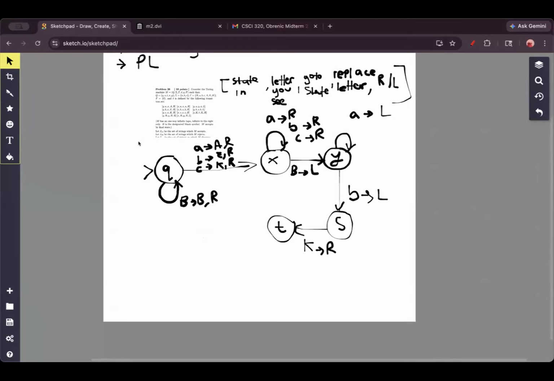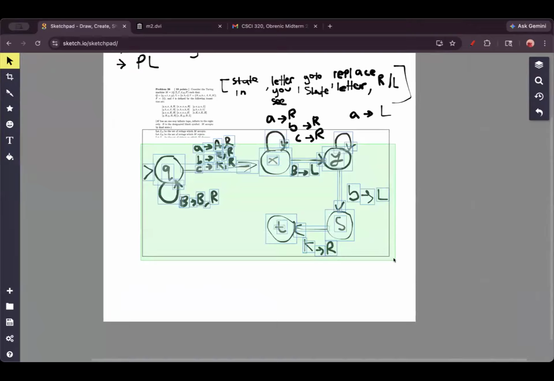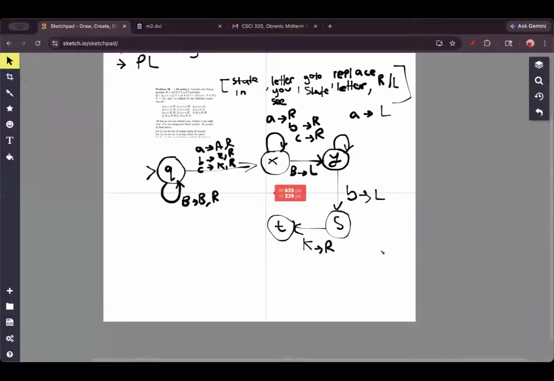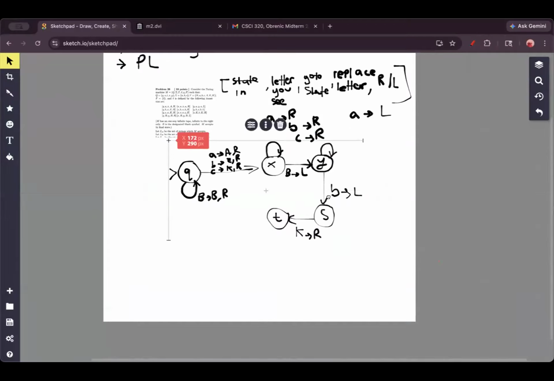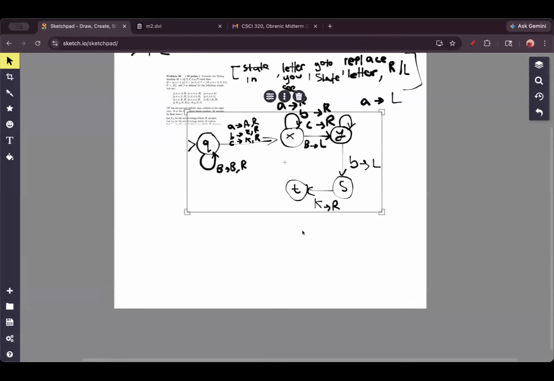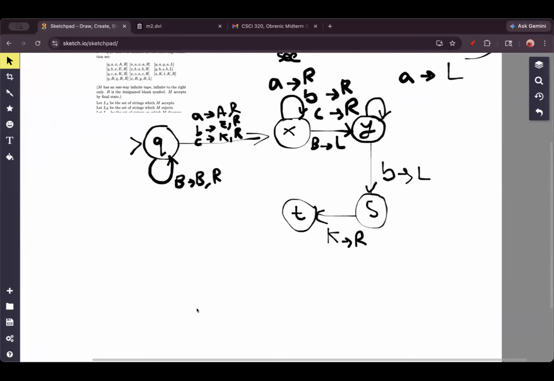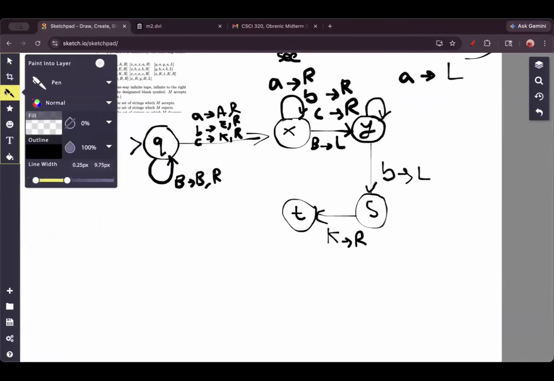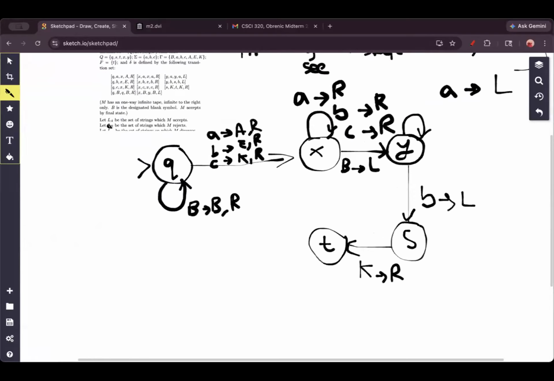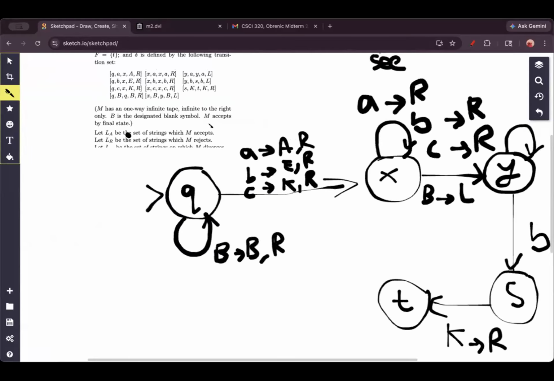Let's make this smaller. From this we could make our regular expressions. There are three things it wants us to do. Let LA be the set of strings which M accepts.